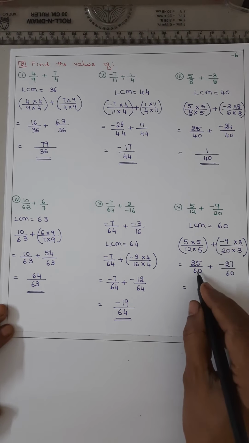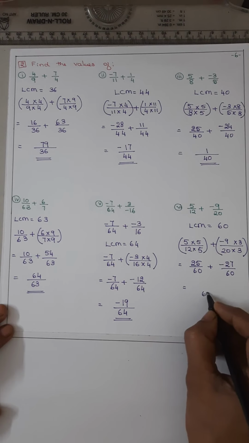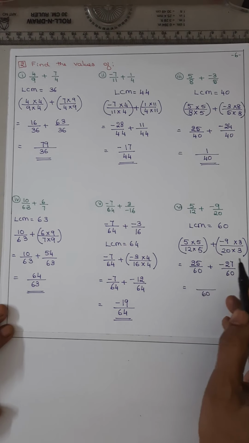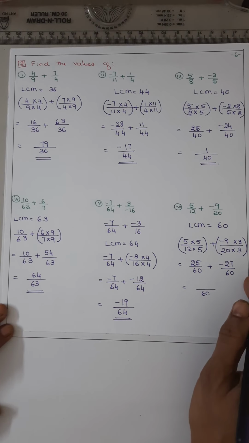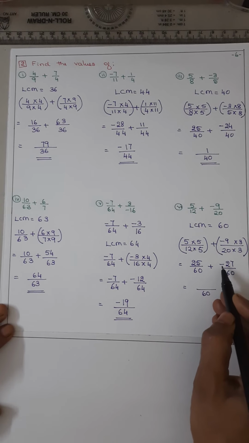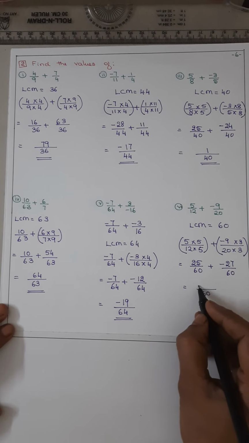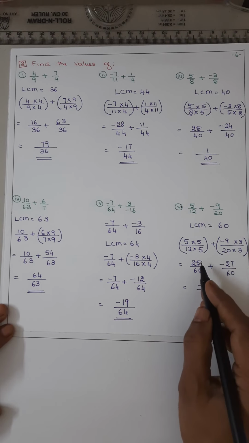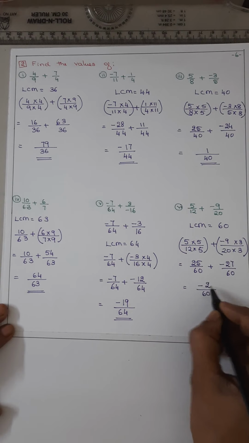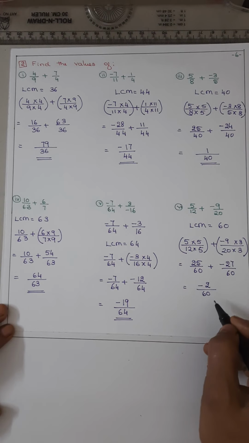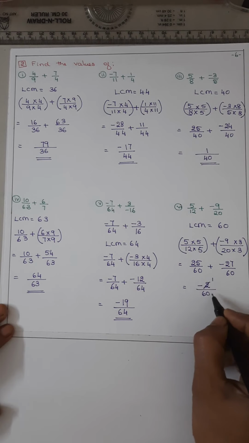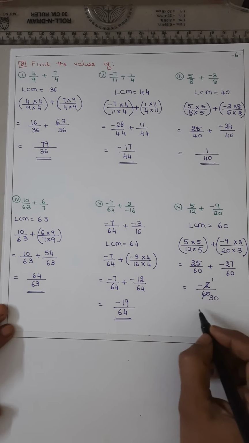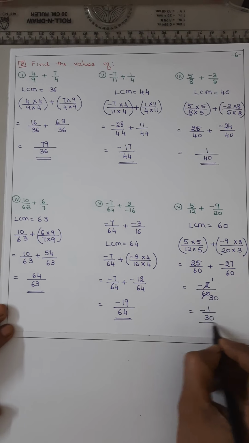Now the denominator is 60, plus minus, different signs, so we have to subtract. 27 is bigger, it has got minus sign, so minus. 27 minus 25 is 2. Now 2 and 60, it can be simplified. 2 1s are 2, 2 30s are 60. So answer is minus 1 by 30.